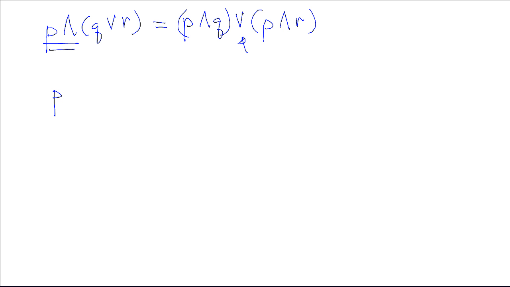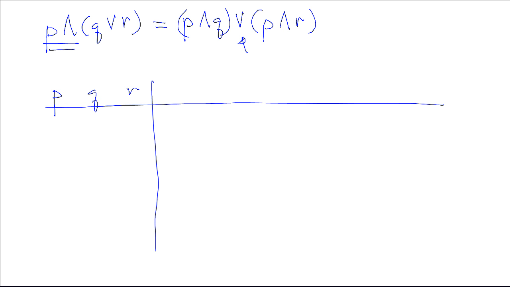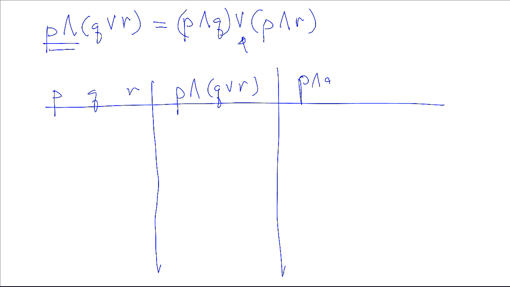I'm going to make a truth table where I jump right to the left-hand side and jump right to the right-hand side. And I'll show you how I do that. First of all, I'm going to fill this in.